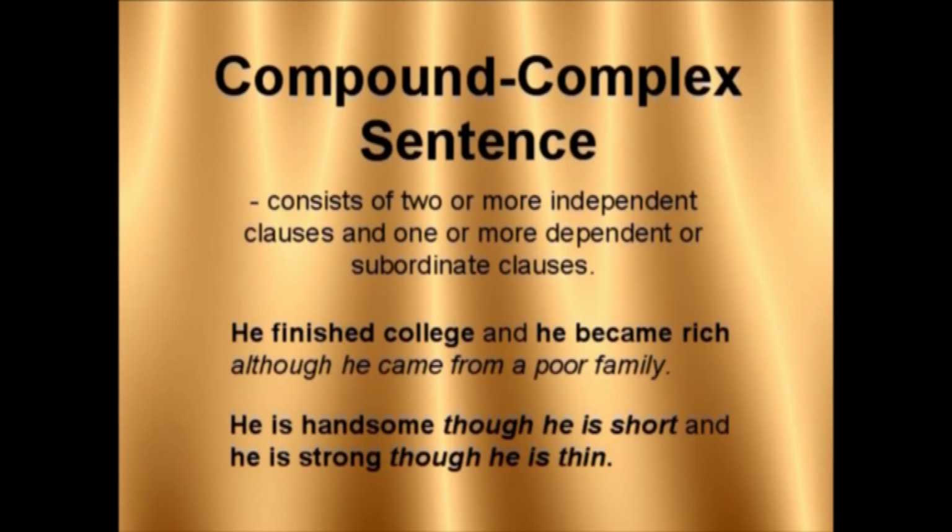"Although he came from a poor family" is the dependent clause. Another example is: He is handsome though he is short, and he is strong though he is thin. The independent clauses are "he is handsome" and "he is strong." The dependent clauses are "though he is short" and "though he is thin."